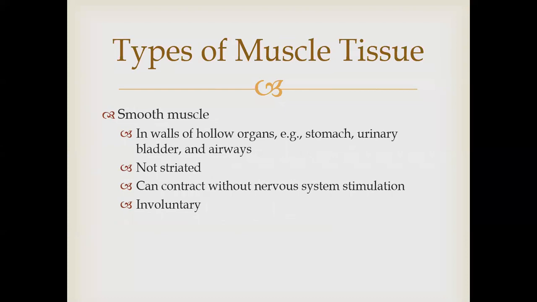All right, next we have smooth muscle. The location would be in the walls of hollow organs. Examples would be the stomach, urinary bladder, or your respiratory airways. Function is to create movement of substances through a tract or a pathway.